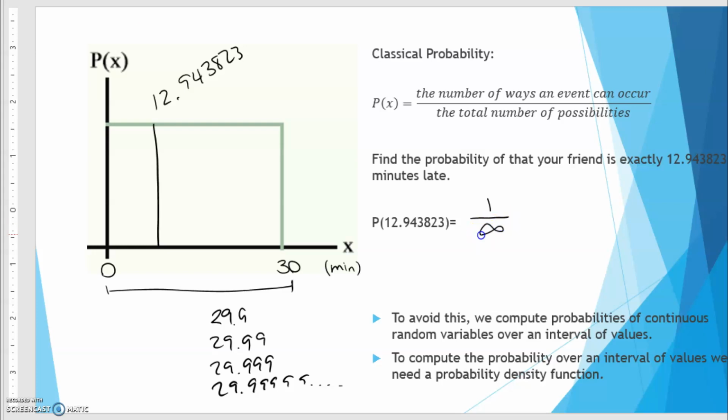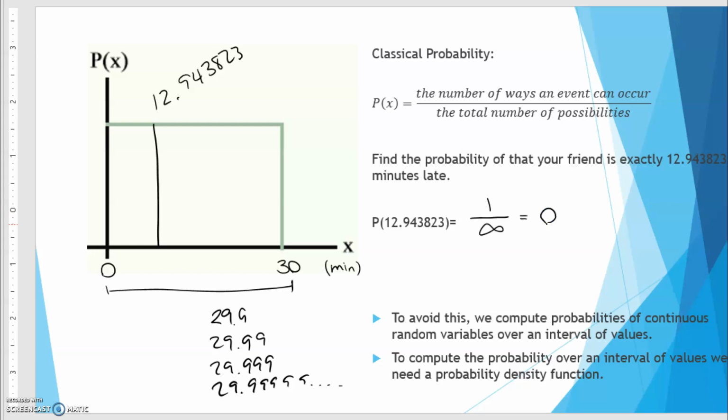So 1 divided by infinity, or really just a huge number. If you start out with 1 divided by 100, and then 1 divided by 1,000, and then 1 divided by 10,000, 1 divided by a million, that number would get closer and closer to 0.